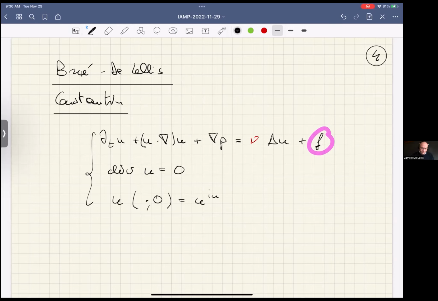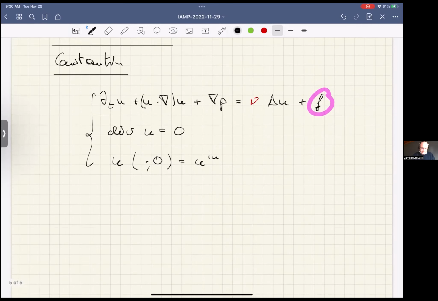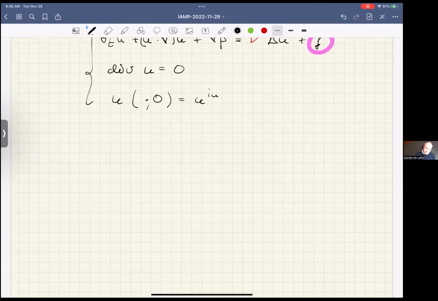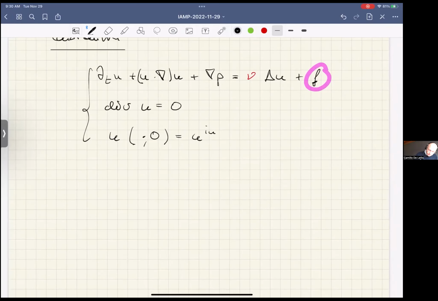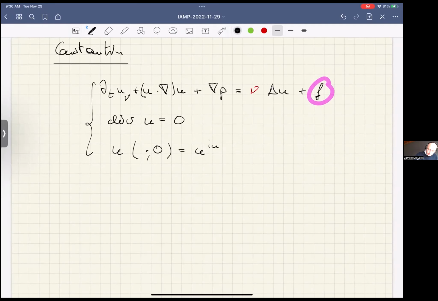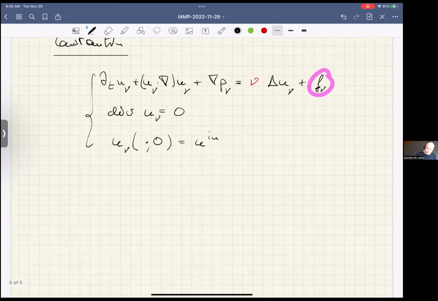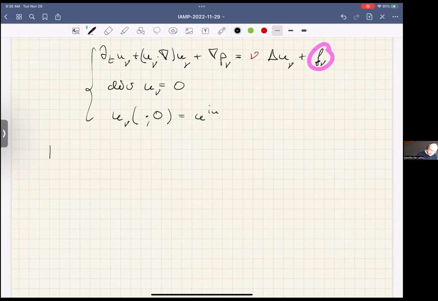Okay, and this is what we do in this paper that we posted this year on the web. So let me modify my equation a little bit. Let me put a nu over here, everywhere. And so let me now tell you the theorem that we are able to prove.